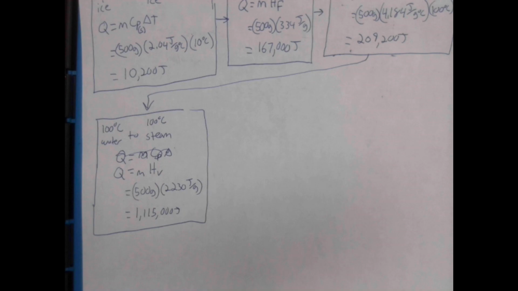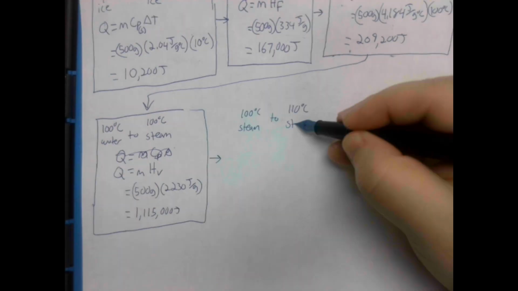After this, we're going to go from 100 degrees Celsius steam to 110 degrees Celsius steam, so a temperature change. Since it's a temperature change, we use heat is equal to mass times CP times change in temperature.